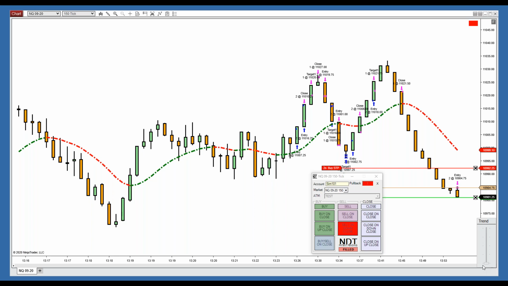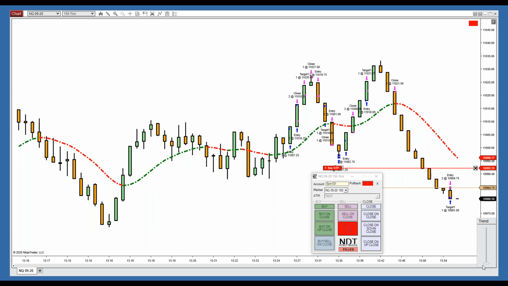If you've got a pure momentum-based market, now you're filled, and you've already got your target out right here, because you got that 2 ticks of premium, and your first target's hit.